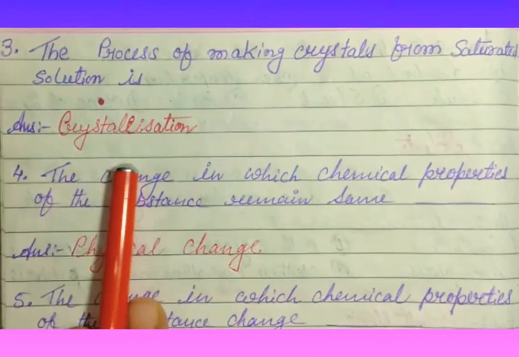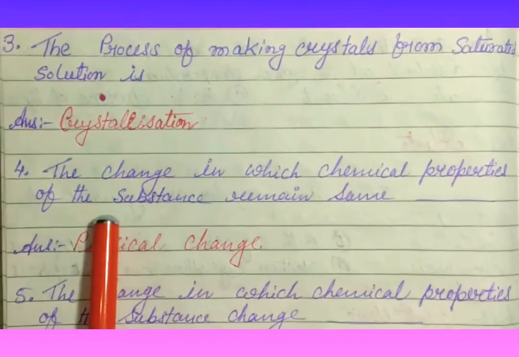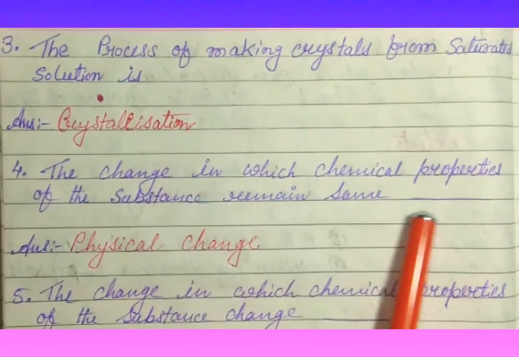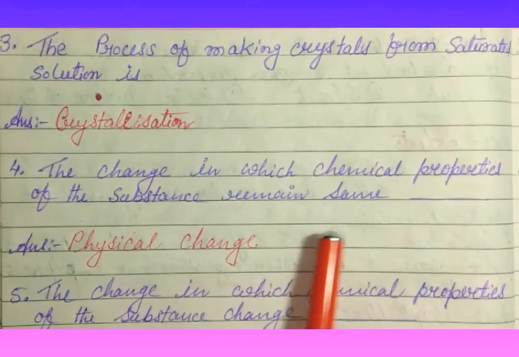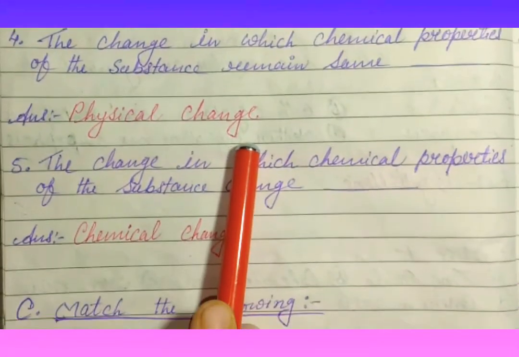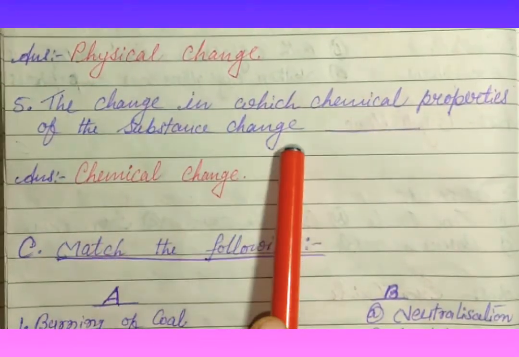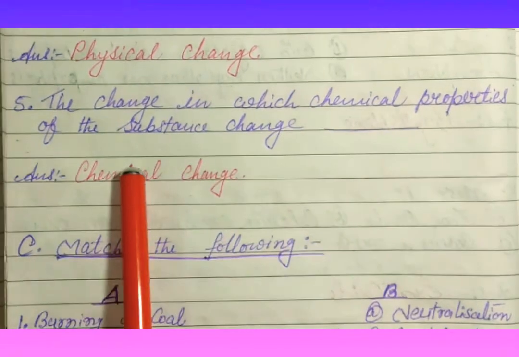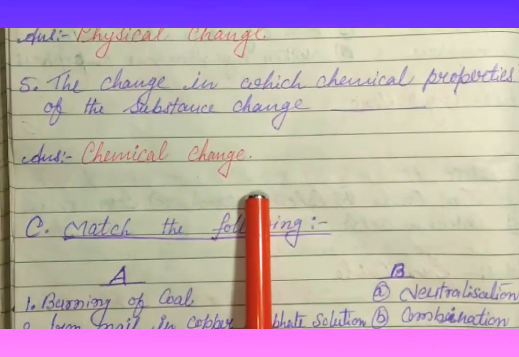The answer is crystallization. Question number 4, the change in which chemical properties of the substance remain the same. The answer will be physical change. Question number 5, the change in which chemical properties of the substance change. The answer will be chemical change.